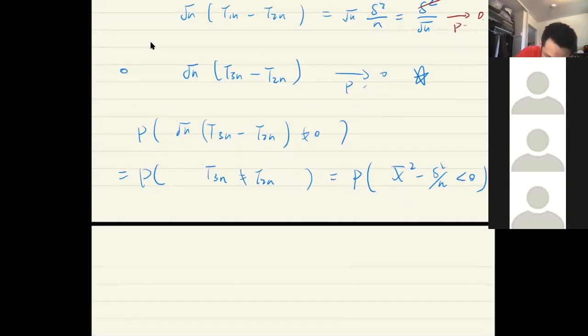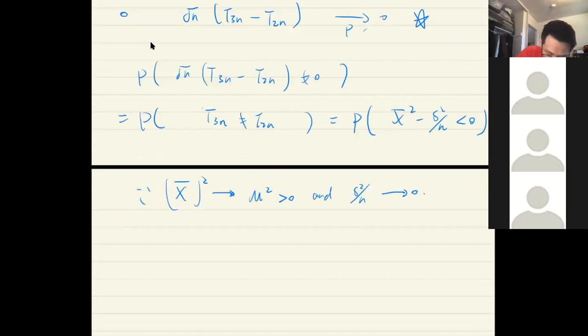And because S bar square converges to mu square and S square divided by n converges to 0, the probability converges to 0.